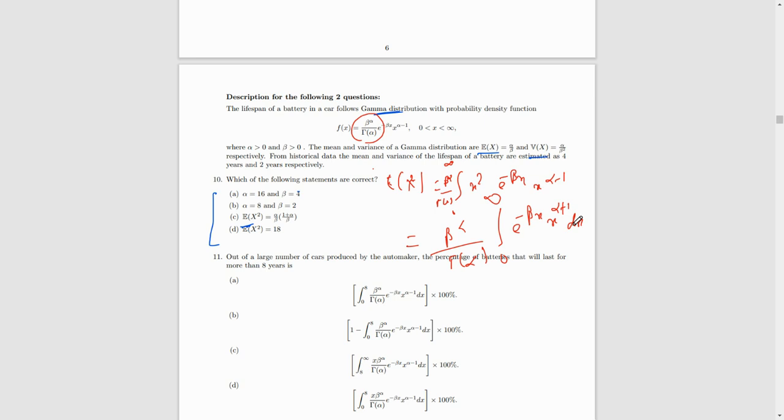Do any of you remember the gamma distribution of two variables formula, like how to break this integral? No, no, no. This is the gamma integral of two variables.